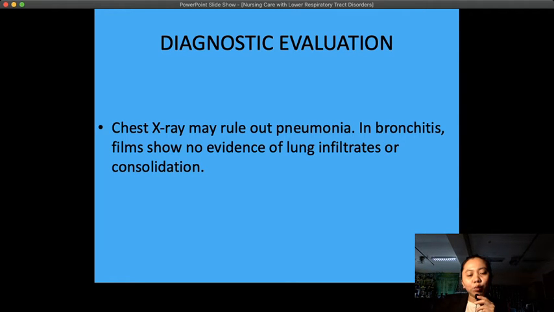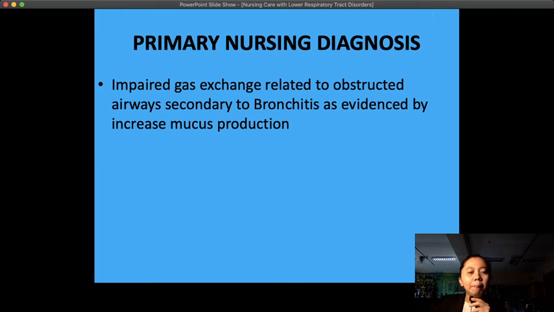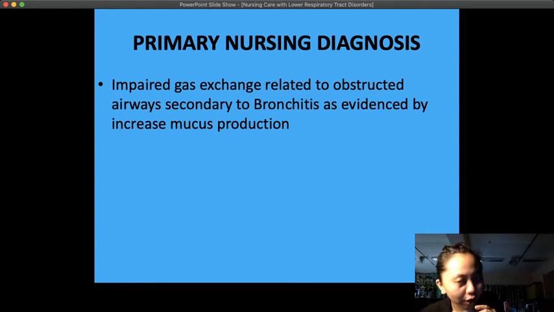In bronchitis, films show no evidence of lung infiltrates or consolidation. And the primary nursing diagnosis would be impaired gas exchange related to obstructed airways secondary to bronchitis as evidenced by increased mucus production.